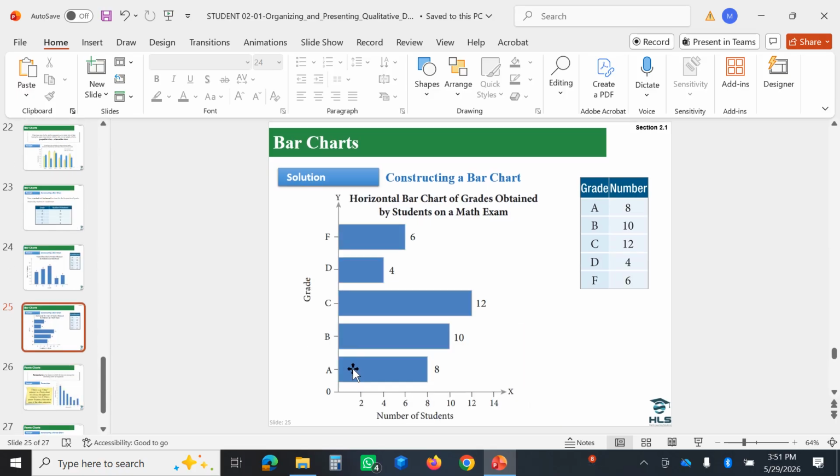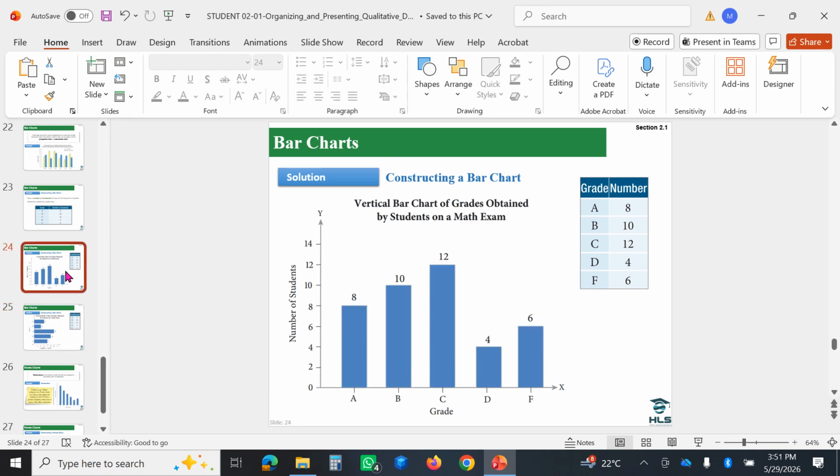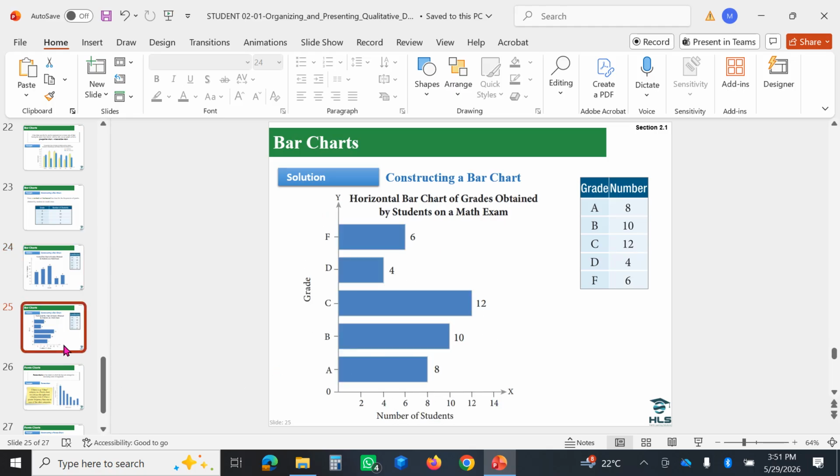For the horizontal one, it's kind of inverted. You have your frequency along the bottom and then you have the bins on the side. Personally, I like this. It's easier for my eyes, but not a problem either.